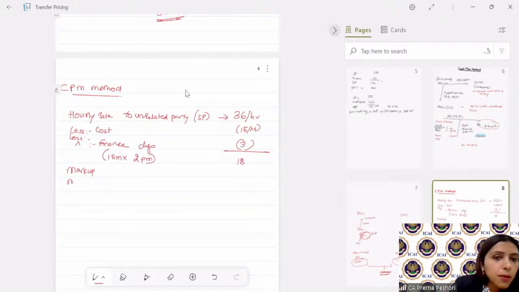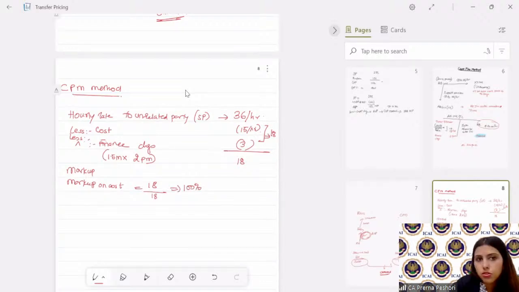Now markup on cost will be 18 divided by total cost. This is my total cost, which is also 18. So I have 100% markup on the cost. Now what I'll be doing is taking the cost of AB Limited, which is 15.